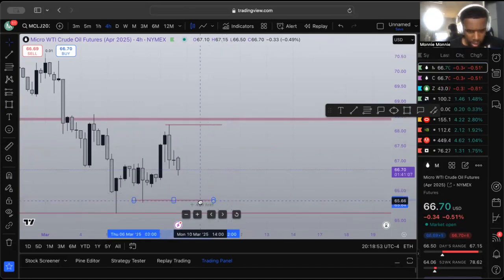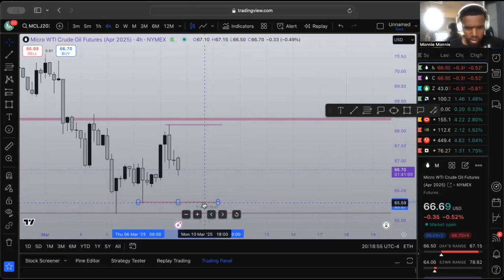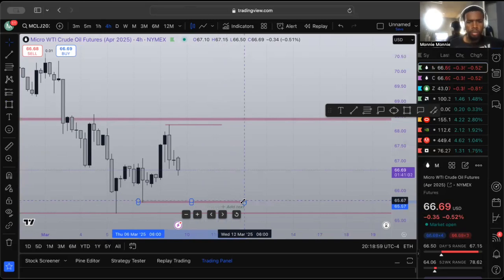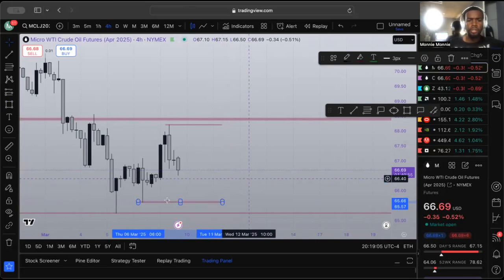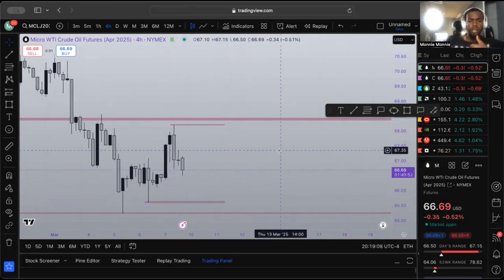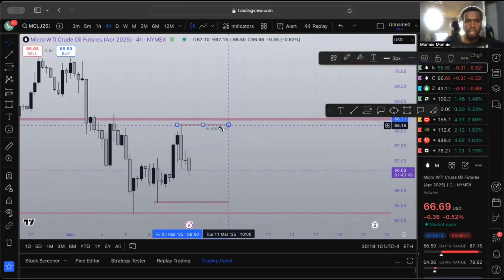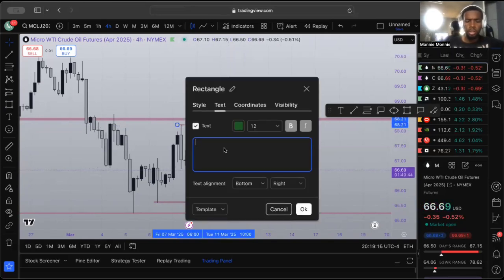Sorry, I'd like to have my lines very prestige, like on point. So yeah, this is another liquidity level that we're looking at here. So noticing that we have liquidity in this area here, this is all I do. I just mark these levels, liquidity.